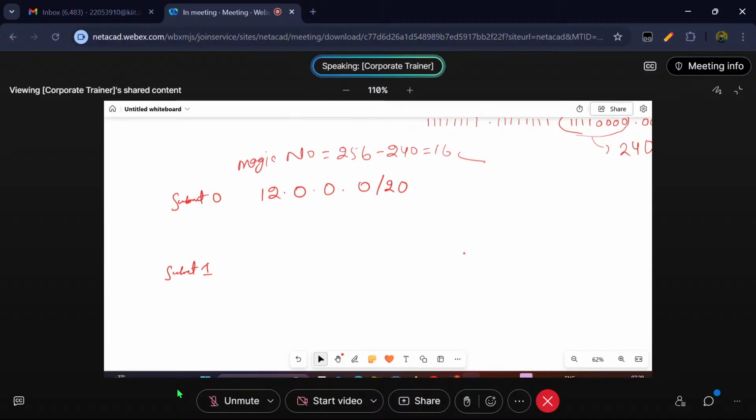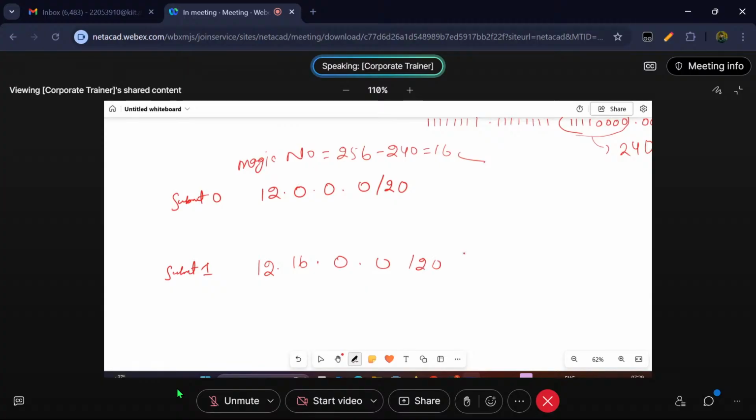So just see, whenever you're adding 16, think of the requirement of how many hosts per network. The question is 4,000 hosts required. Suppose I am writing subnet 1 as 12.16.0.0/20.